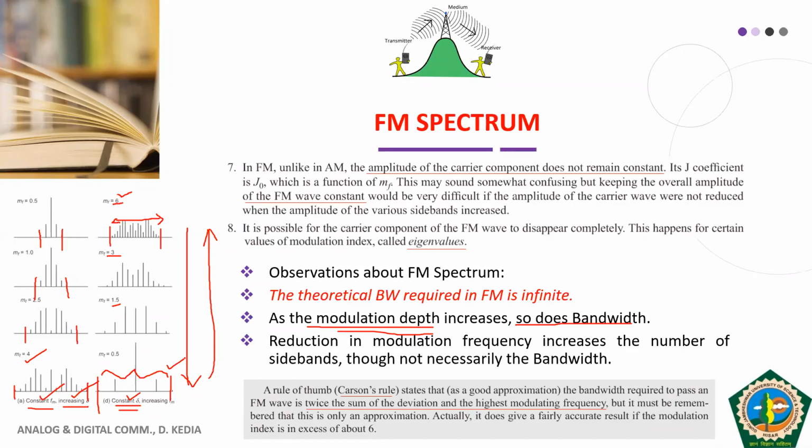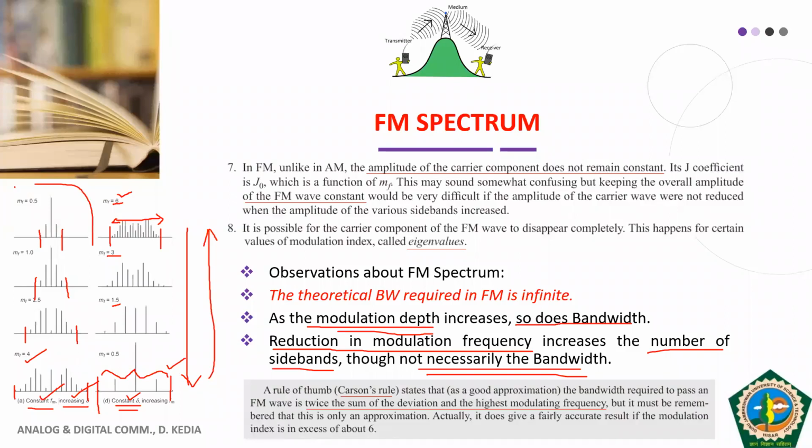Fine. So as I have shown in the slide also, that reduction in modulation frequency. Okay, what we are doing, we are reducing modulating signal frequency, means we are keeping the deviation constant. Okay, it means we are increasing the modulation index value. Okay, then what is happening? The number of sidebands are increasing, but it is not increasing the bandwidth.